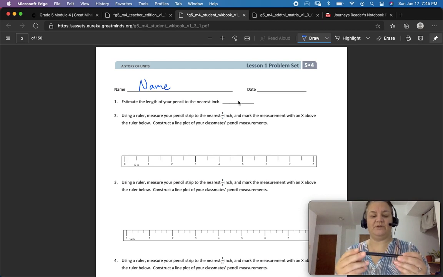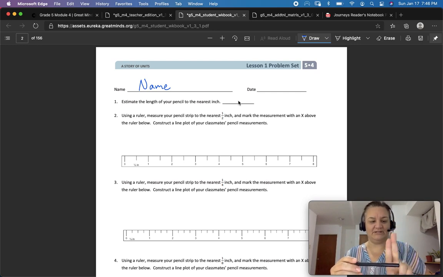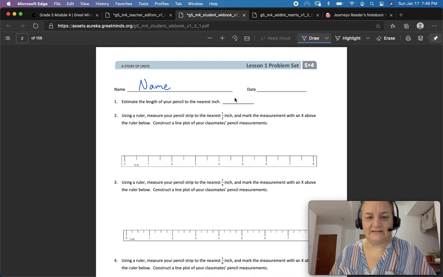We're using inches. I like to use my 2 fingers. We're estimating, right? So 2 fingers is an inch, approximately. That's 1, 2, 3, and 1/2, 3.5. My pencil is 3.5. You measure your pencil, not mine.